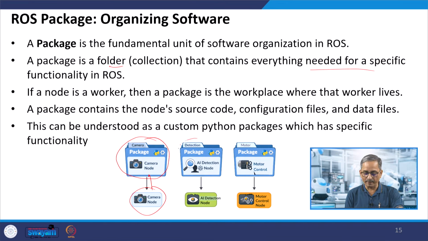Then say if you have a package for detection, you could have the AI detection node inside. Similarly, if you have a motor, you could have a motor control node inside of that. Okay. So, this is how the ROS package is, and this package contains your node source code and then configuration files as well as data files.